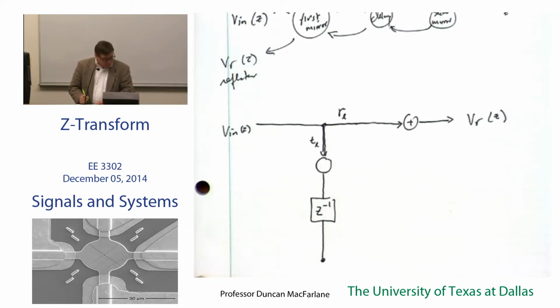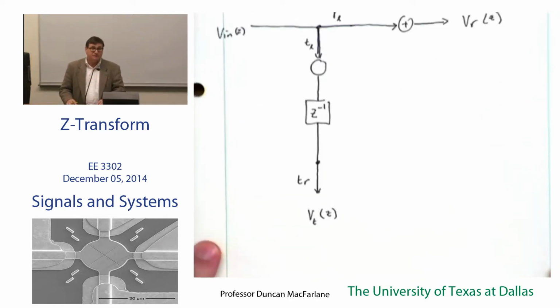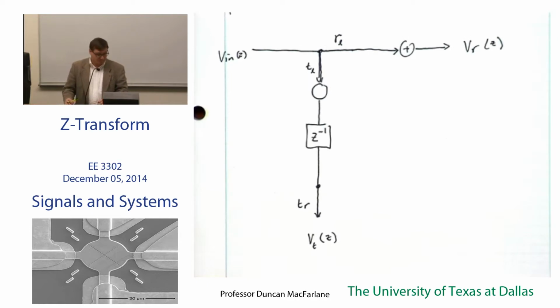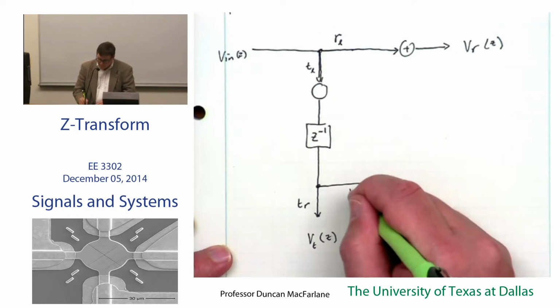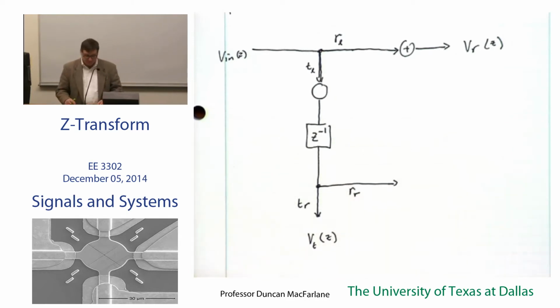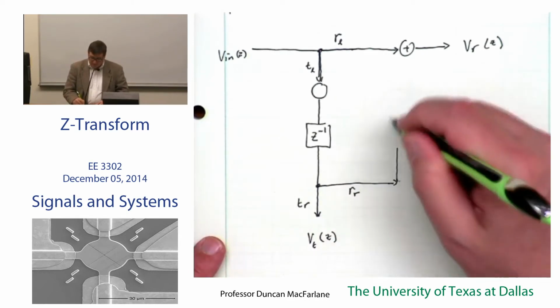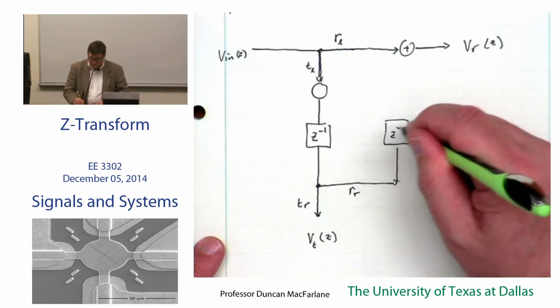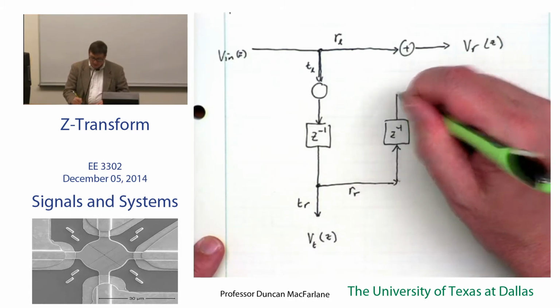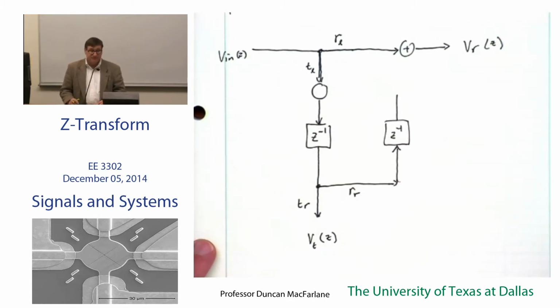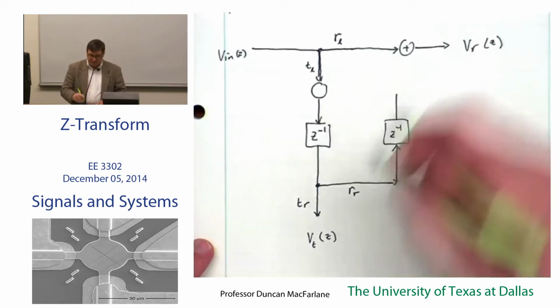And then I hit the second mirror, and some of it will leave and start to contribute to my transmitted voltage. Part of it will get reflected, and delayed as it comes back off that face.